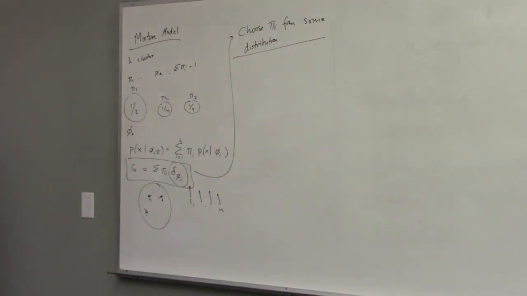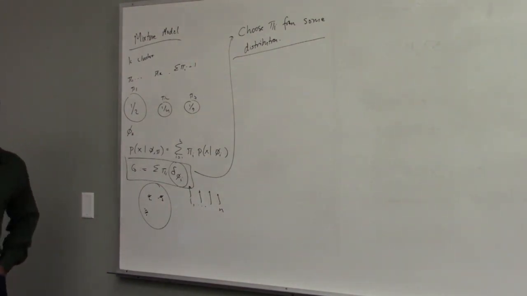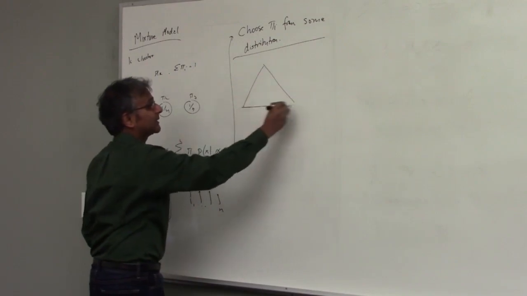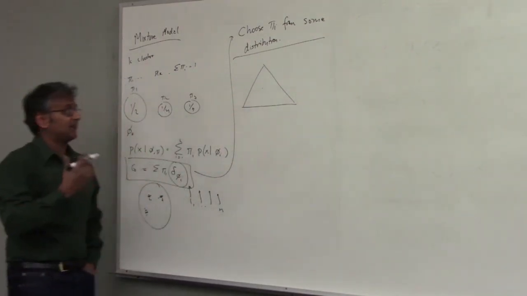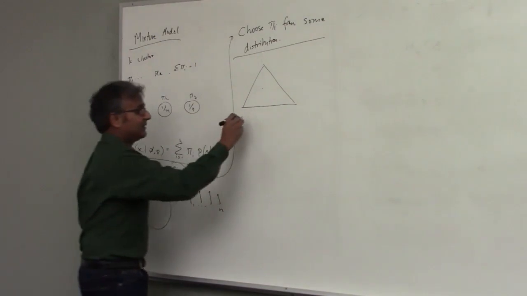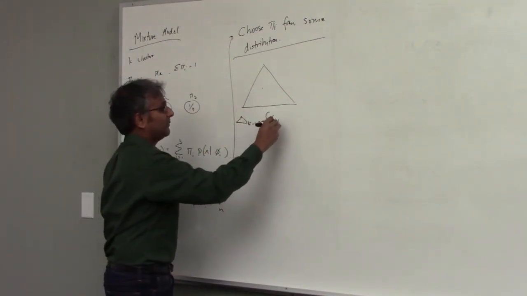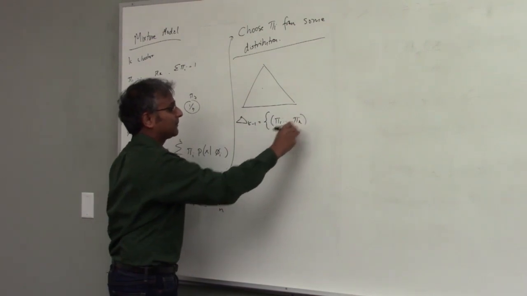For that, we need to think of pi i somewhat differently. Instead of thinking of pi i as a bunch of numbers, we think of pi i as a point on the simplex. Remember the simplex, delta k minus 1, is equal to the set of all pi 1 up to pi k.